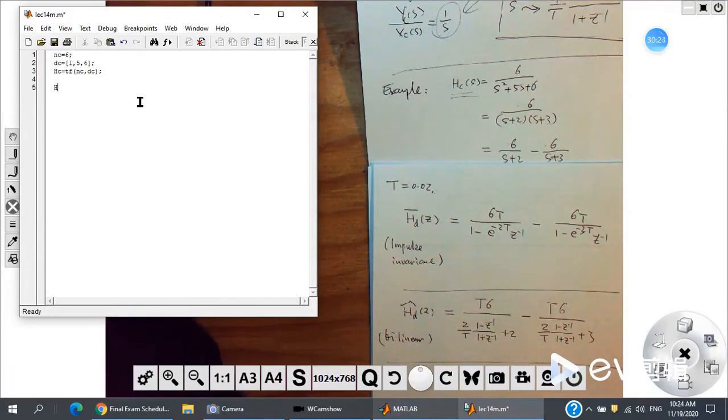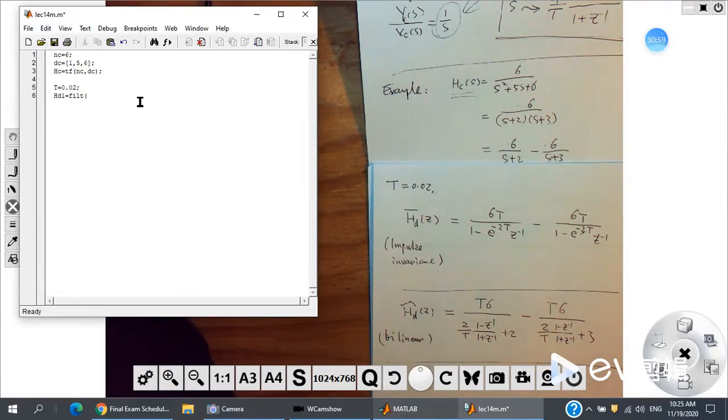And we also have HD. HD bar, I use HD1 here. HD1 I also need a numerator. I have T first. T equal to 0.02. And HD1, for discrete time we need a filter.